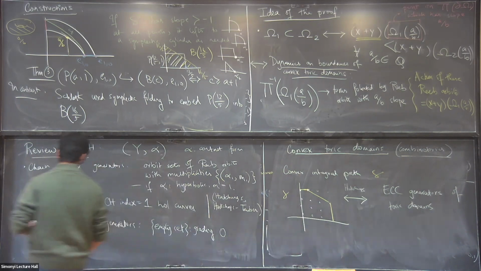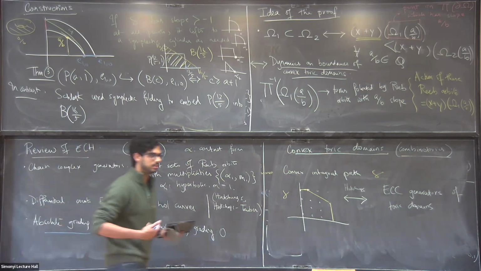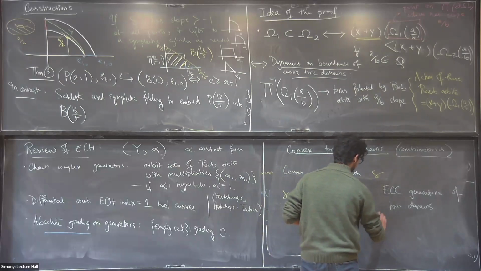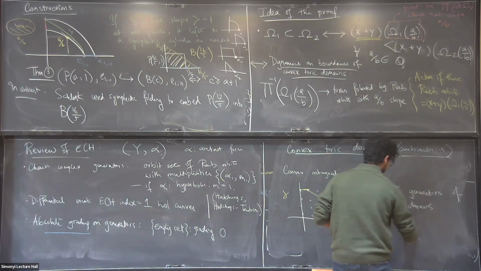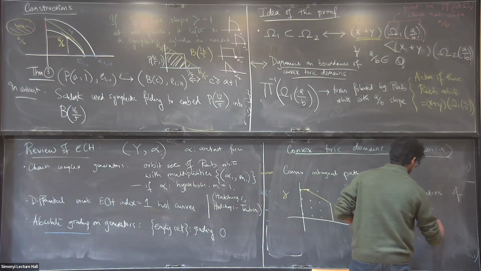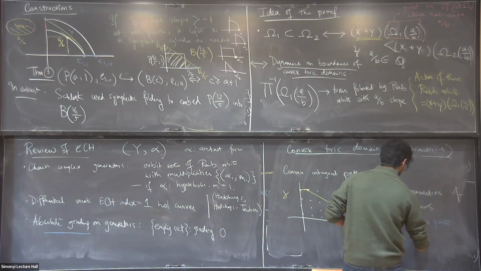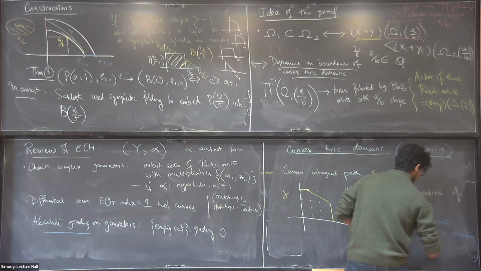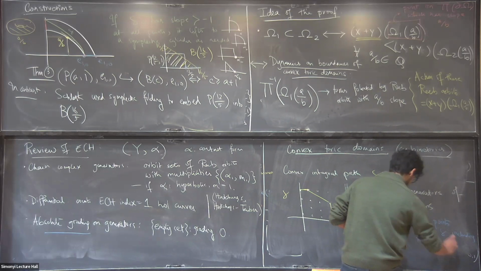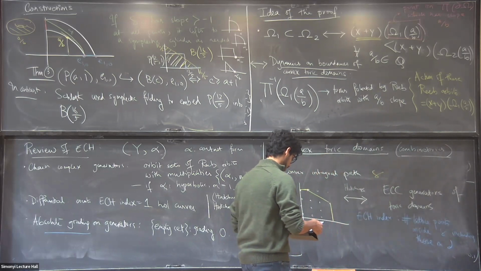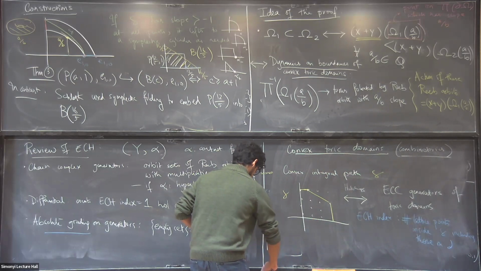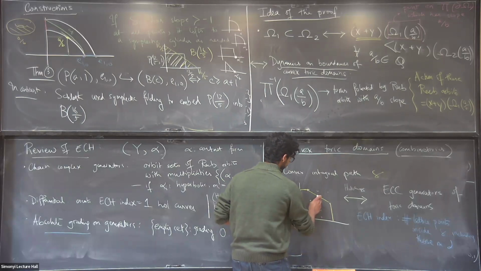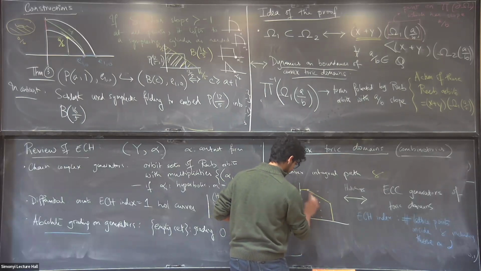Given this absolute grading, every ECH generator has a grading on it. The ECH index grading is the number of lattice points inside gamma, including those on the boundary. Let's see, so this is 2 minus 1.